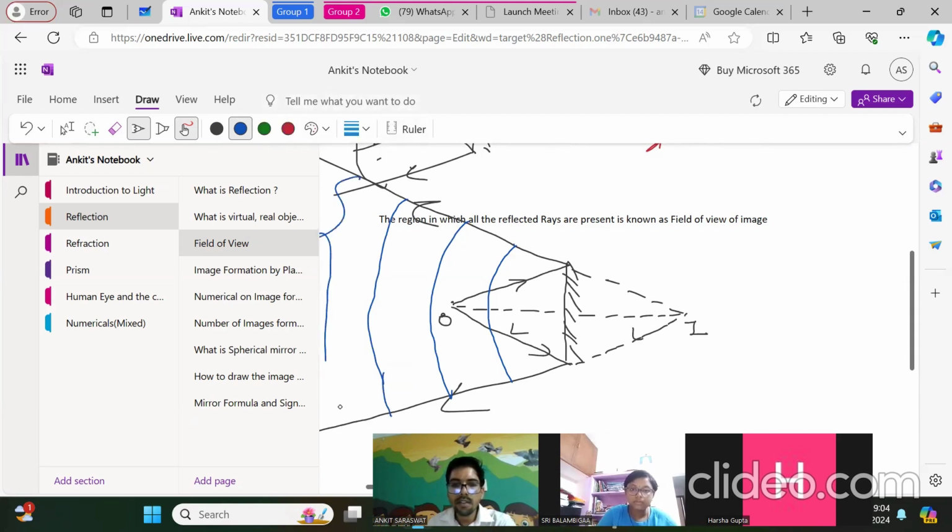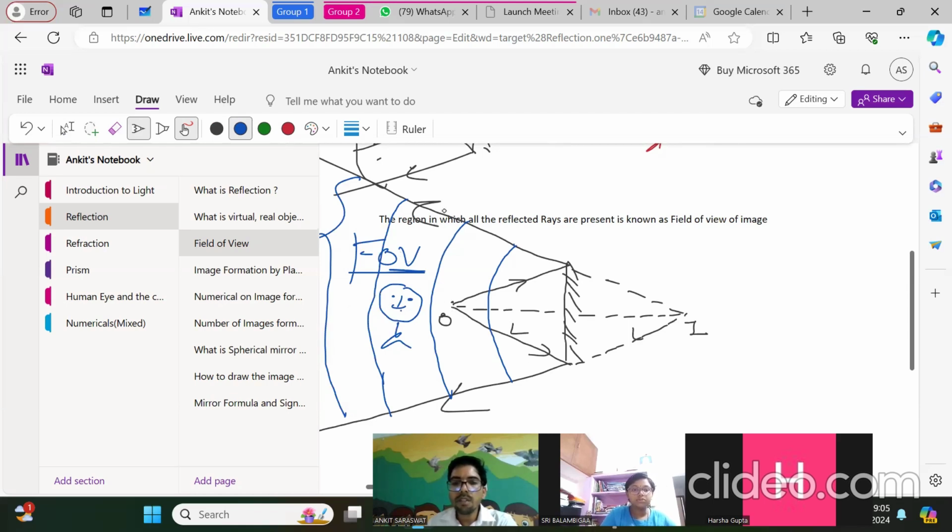This entire region in which all the reflected rays are present is known as field of view of the image. So if anyone is standing here, in his eye, these reflected rays will enter and you will see the virtual image. If any observer is here, he will see the virtual image of this object if he is standing in the field of view.